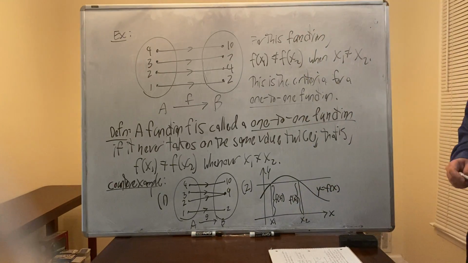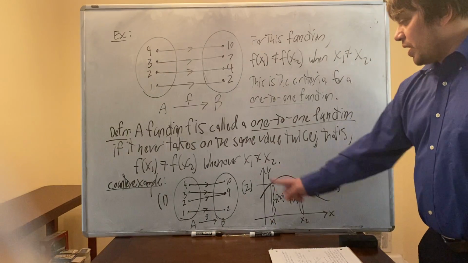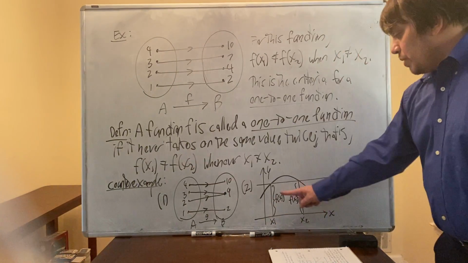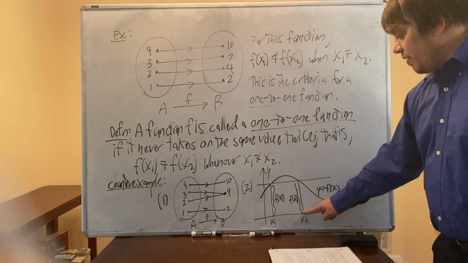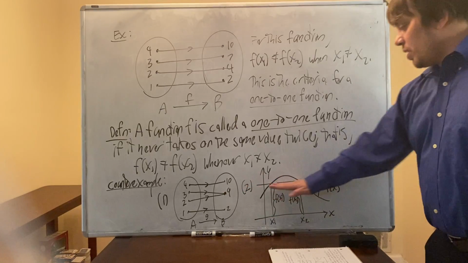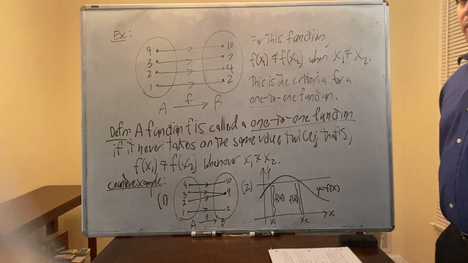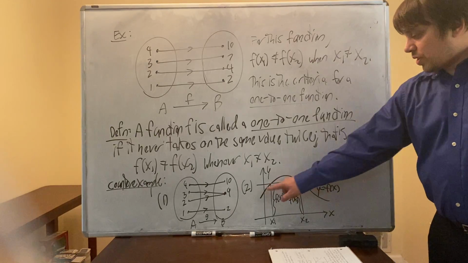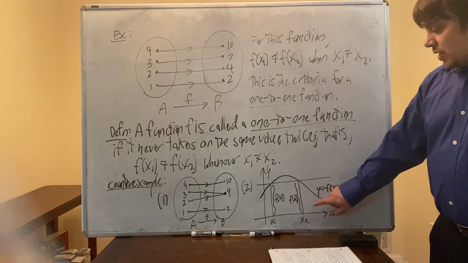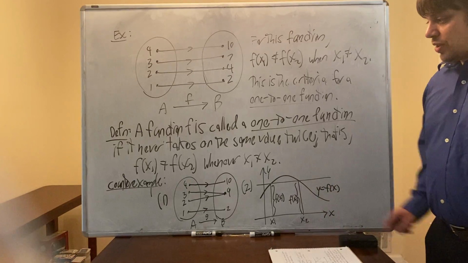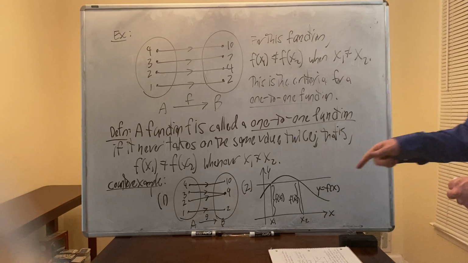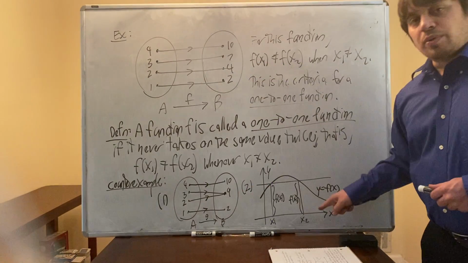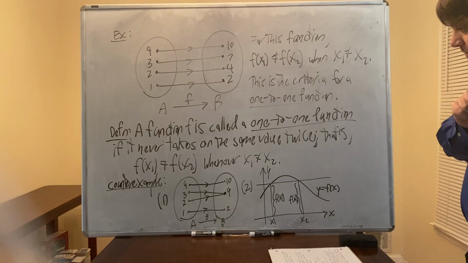This is not a one-to-one function. You have two different x values, x1 is not equal to x2, but f of x1 equals f of x2 because the height of f at those two points is the same. They're both on the same horizontal line, right? They're points on this curve, y equals f. So this function f is not one-to-one. Those are two counterexamples: two functions that are not one-to-one.